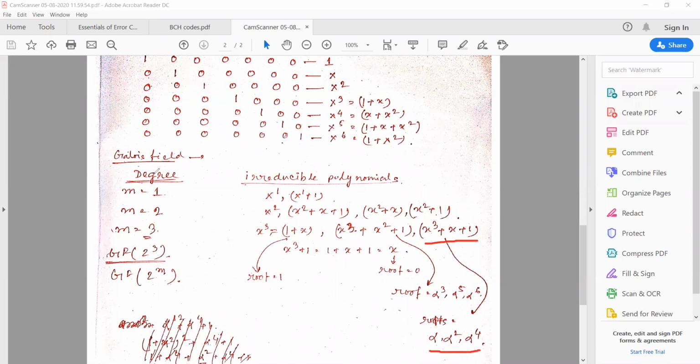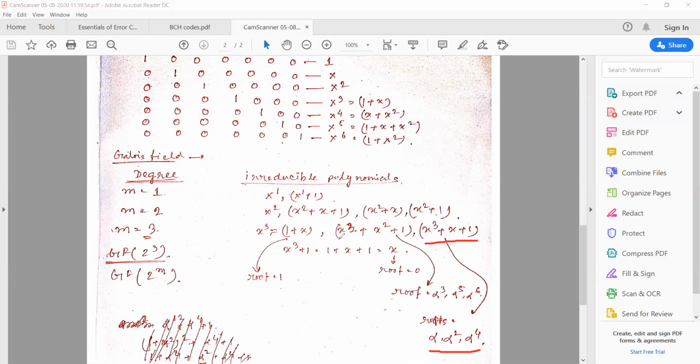So considering the degree m equals 3, from the possible polynomials we considered our generator polynomial equation as x cube plus x plus 1, and we computed the roots of this equation and got alpha, alpha square and alpha to the power 4, right?